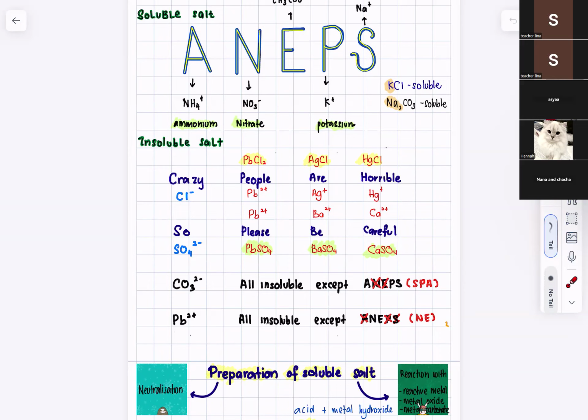Zinc nitrate, soluble or insoluble? Soluble. Okay. Potassium sulfate, soluble or insoluble? Soluble. Zinc chloride, soluble or insoluble?